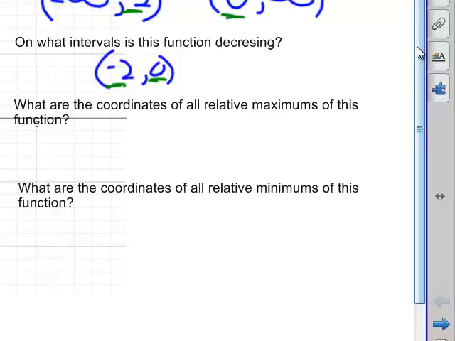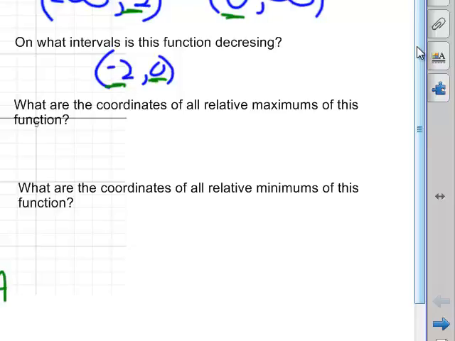So the function changes from increasing to decreasing at critical points. Okay? That's a pretty significant thing to know. The function changes from increasing to decreasing at critical points. So let's just make that statement, write that statement down.